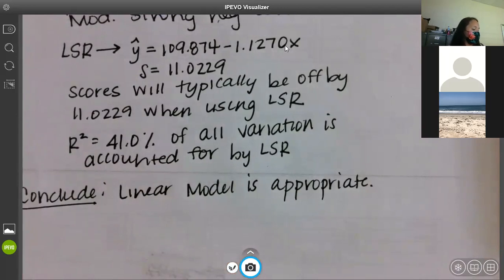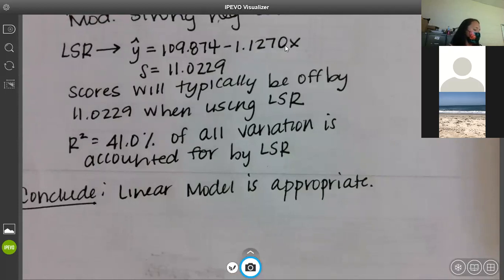That line of fit is going to be off typically by 11 points, but only 41% of the variation in the data is accounted for. What's the problem with that? It's not a lot, right? There's still 59% unaccounted for. So this is what you're going to say.